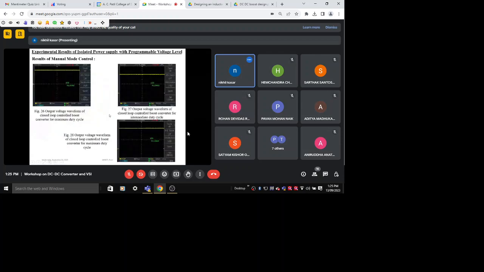So see these waveforms. Okay, these are actually closed loop, and we have made closed loop and all of that. But in hardware, okay, we can get these waveforms like this.